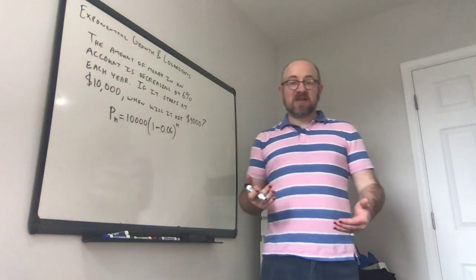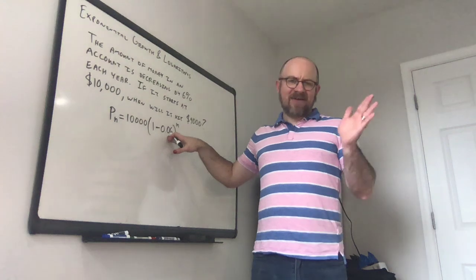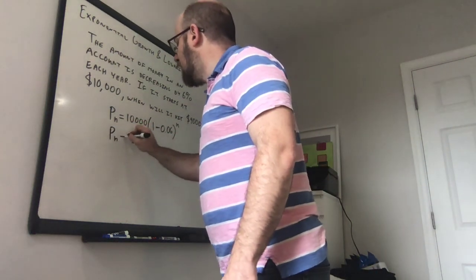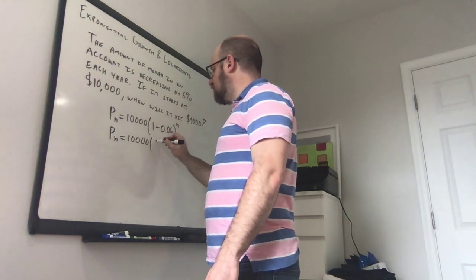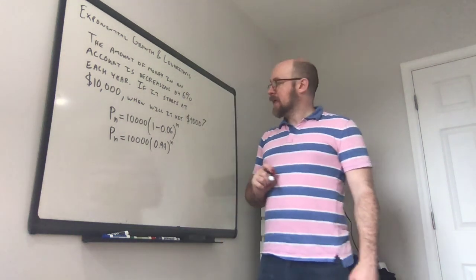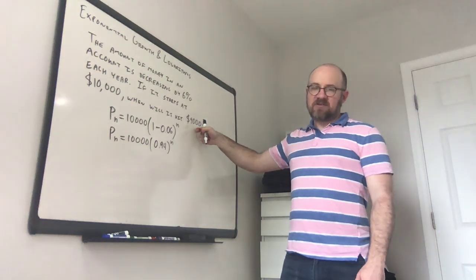So anytime you've got a percentage decreasing, that's going to subtract that rate instead of adding it, right? And so we get P sub n, if we combine these, 10,000 times 1 minus 0.06 is 0.94 to the n. And now our question is asking, when will it hit $9,000?